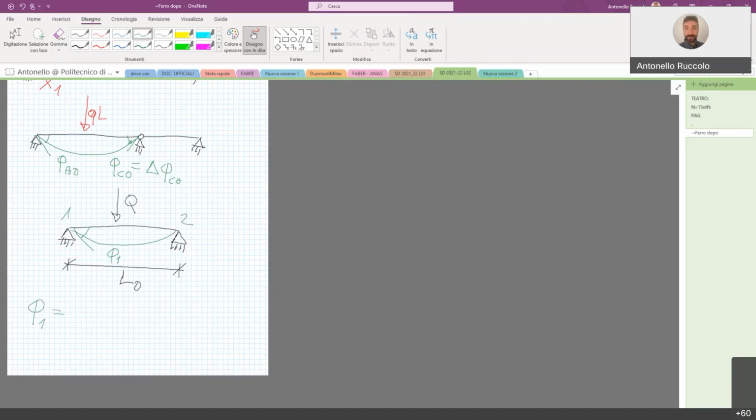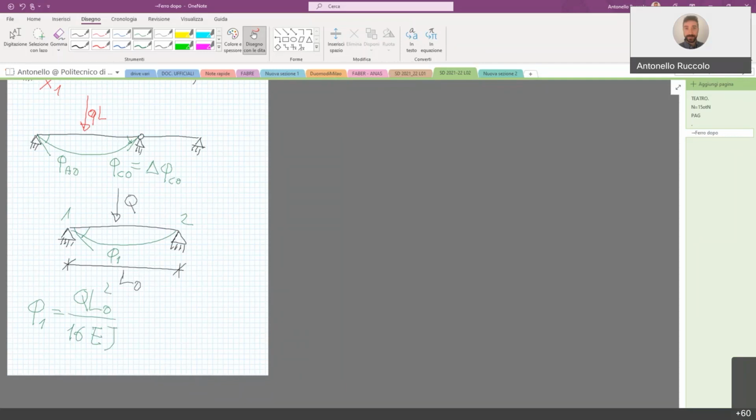Phi 1 will be equal to, okay, let's look for it. It is Q, the value of the load applied in the midspan, times the length of the beam to the power of 2 over 16 times E, which is the Young's modulus of the beam, times I. And we have already discussed the meaning of all these terms.